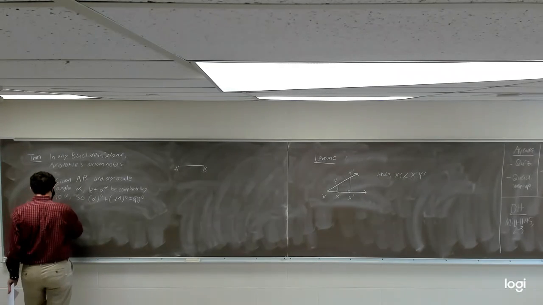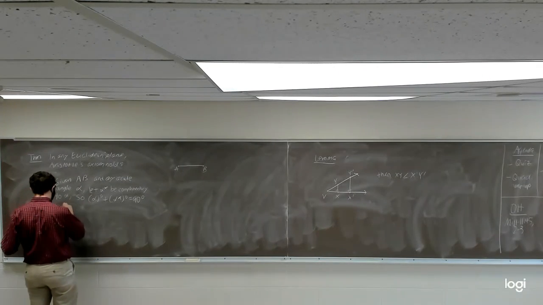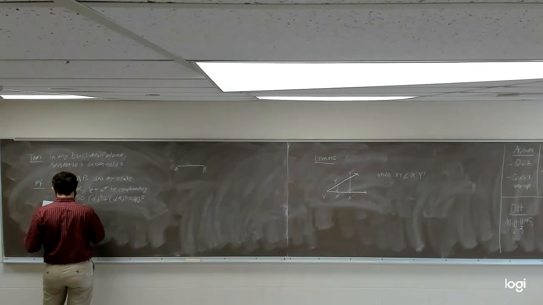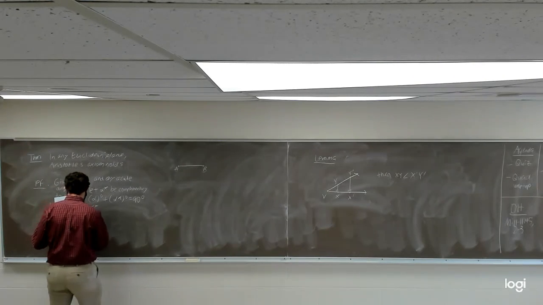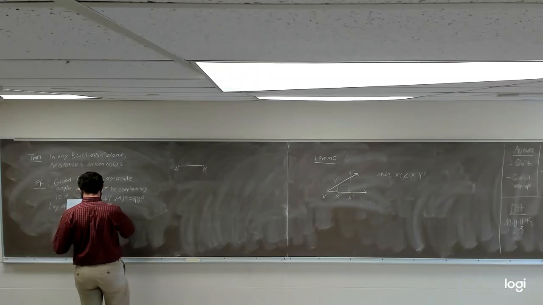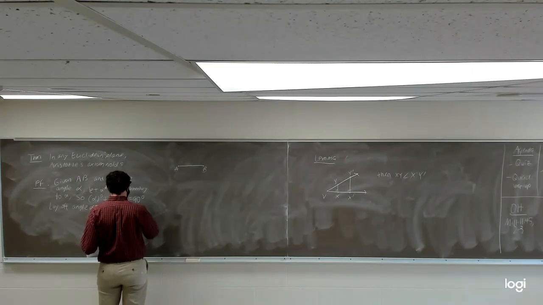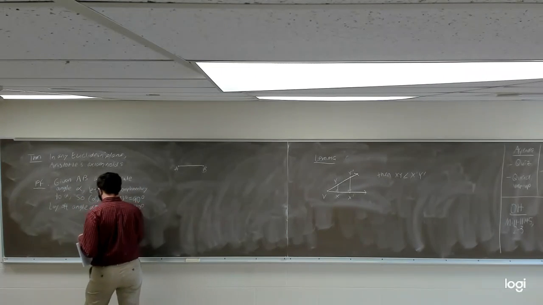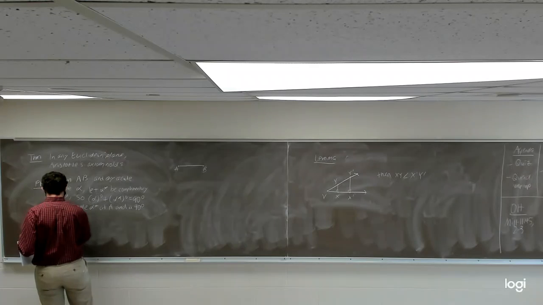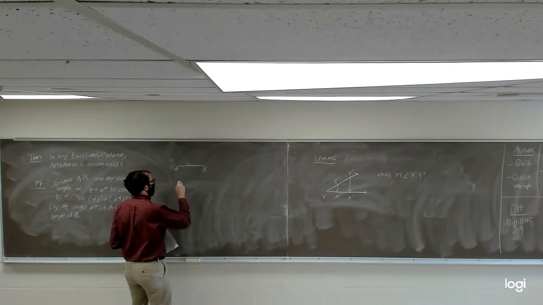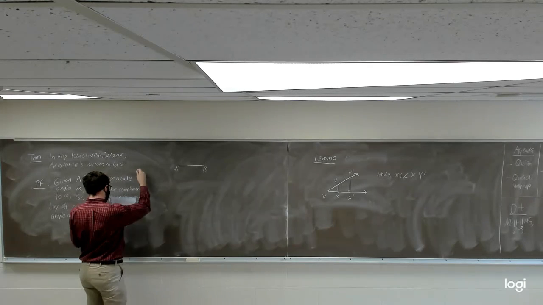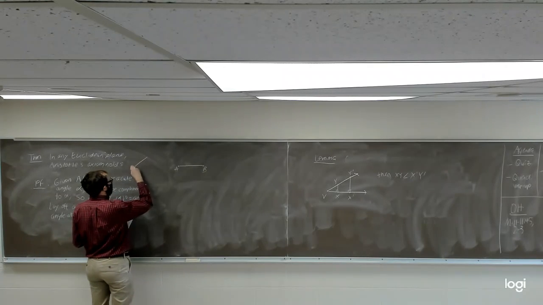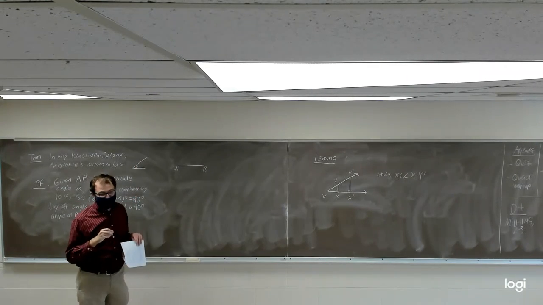And now what we're going to do is lay off an angle alpha star, a copy of alpha star at the point A, and a 90-degree angle at B. So let's assume, for the sake of argument, that this is what alpha looks like.